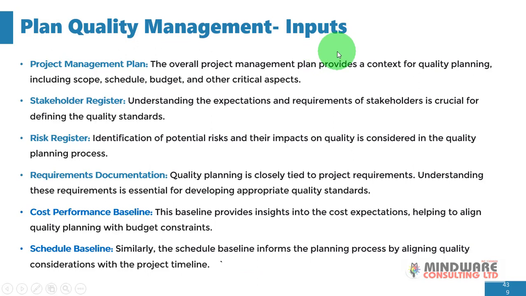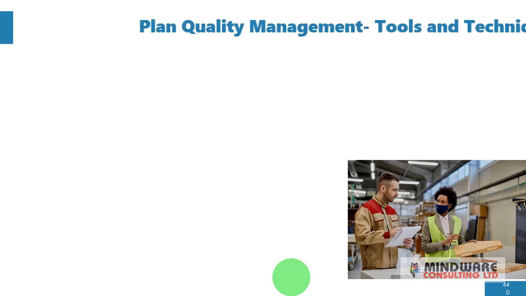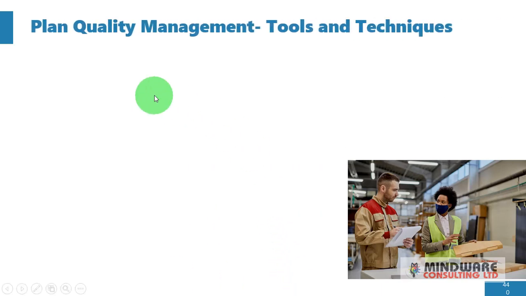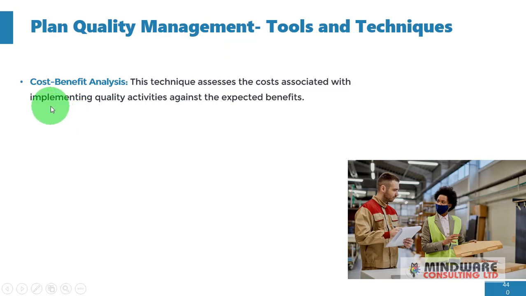So let's see the tools and techniques that we use for this sub process. All right, so what are the tools and techniques that you require as a project manager for the plan quality management? First, you have your cost benefit analysis. Now this technique assesses the cost associated with implementing quality activities against the expected benefits.